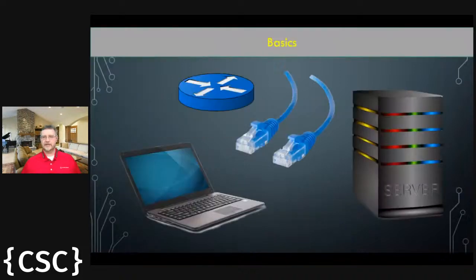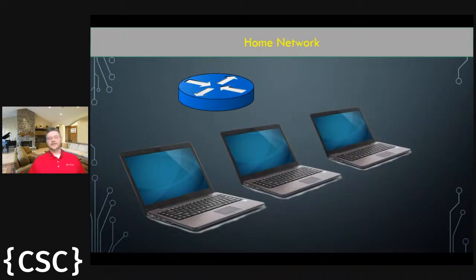Now, a lot of you obviously have devices at your house. From a laptop to a server, maybe you've got your home router, all kinds of cables, probably more Wi-Fi these days. Chances are you've got multiple devices, multiple laptops, maybe multiple desktops, gaming systems, things like that.